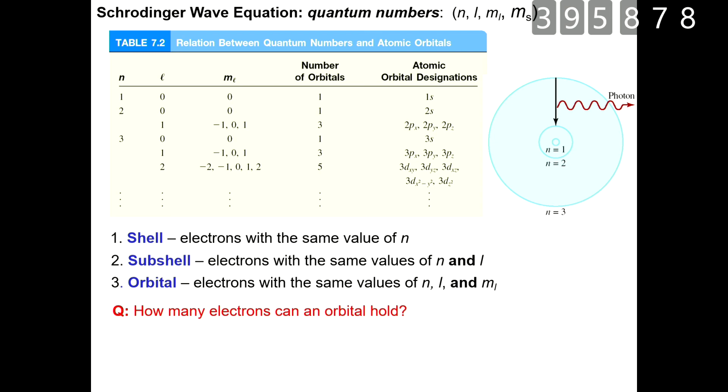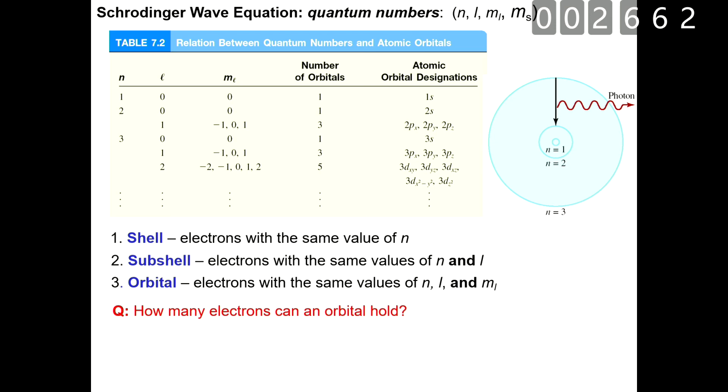Okay. So in one subshell, they may have one or more orbitals. Orbital means the electrons with the same values of N, L, and Ml. For example, in this subshell, how many orbitals? 3.